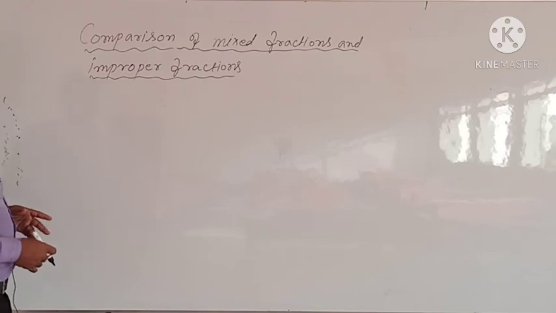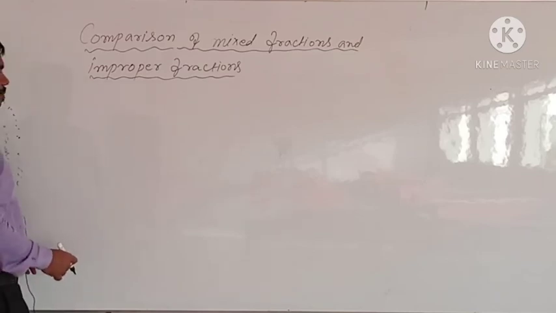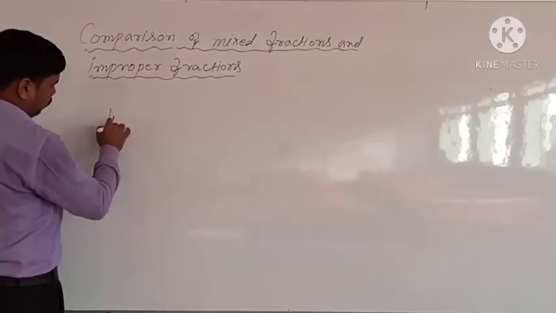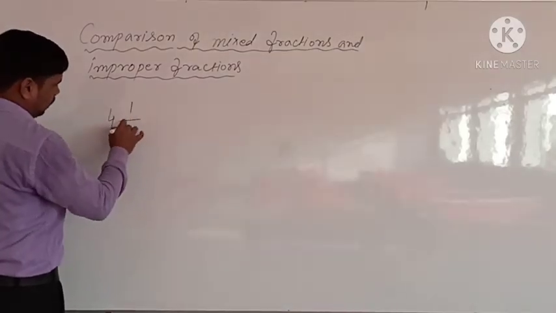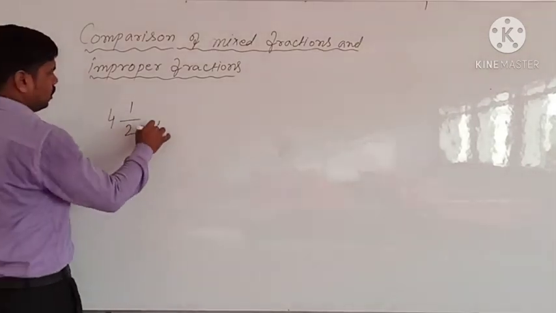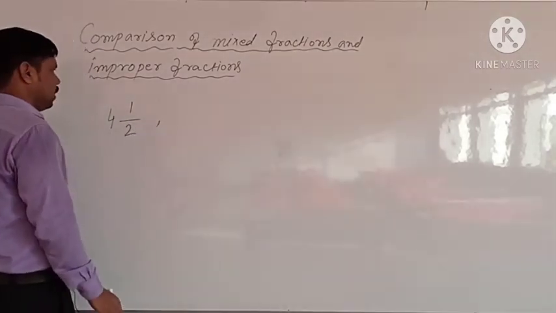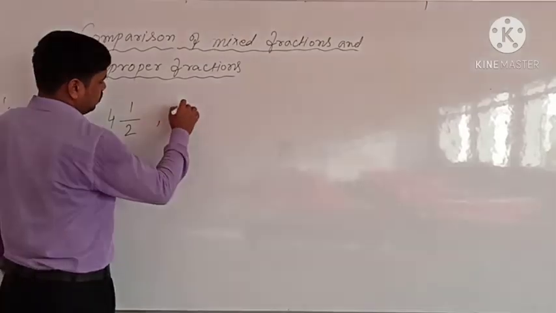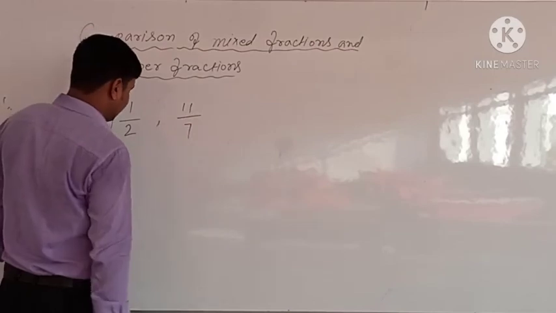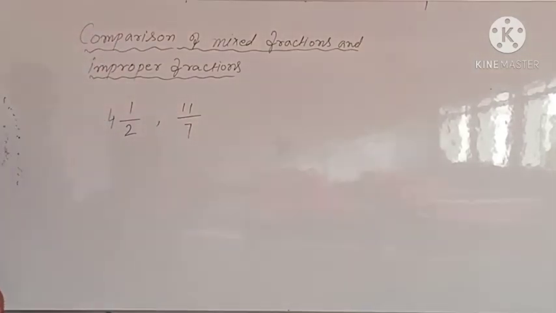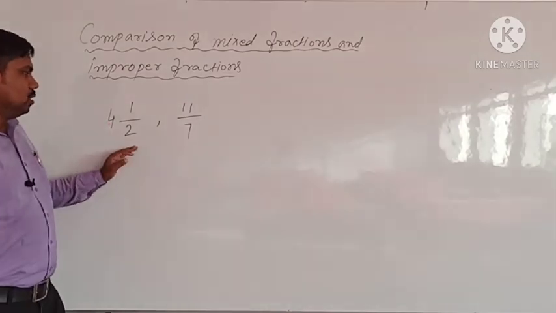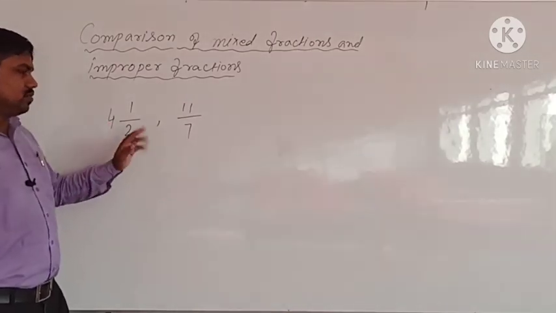So suppose the mixed fraction I am taking is 4 whole 1 by 2, and another, the improper fraction I am taking, is 11 by 7. So these are the two numbers which I have taken. Now we will compare which one is greater and which one is less.